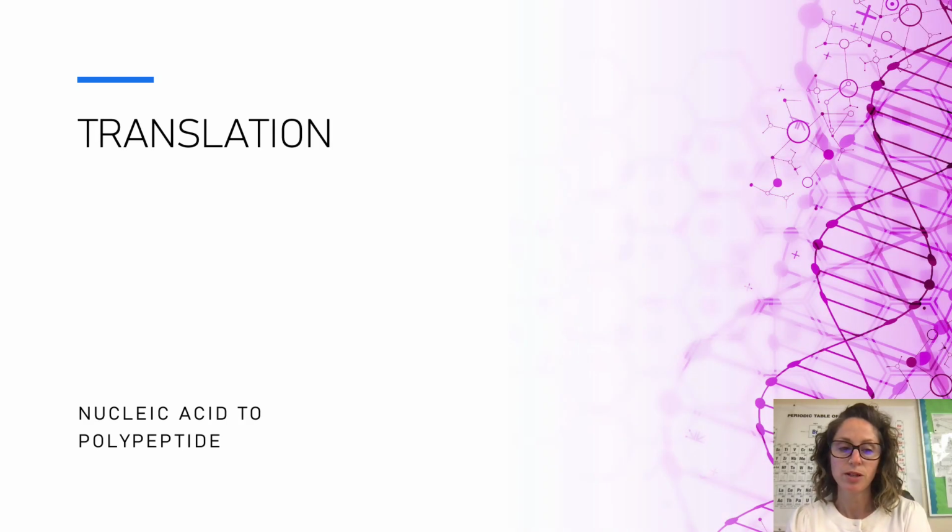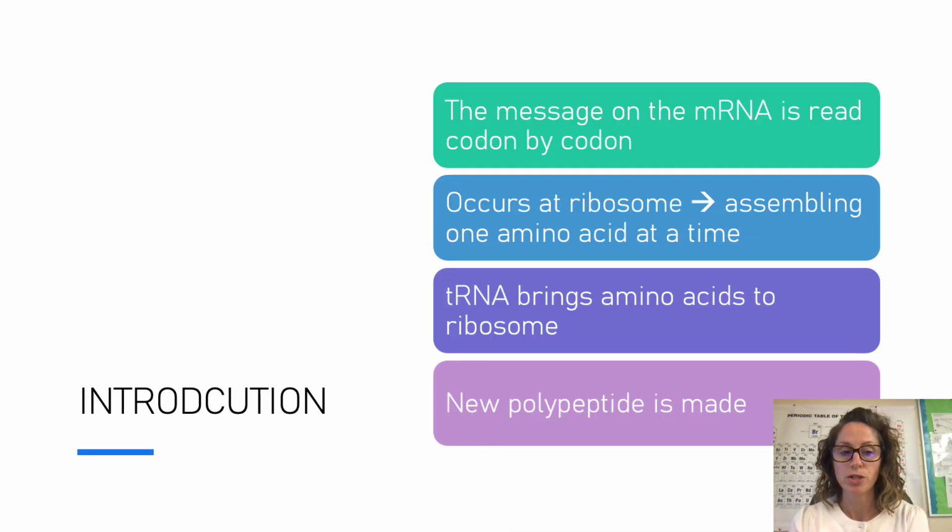In today's lesson, we are going to look at the next stage of going from a gene to a protein, where we go from the mRNA to the polypeptide. So we start with the messenger RNA, which was produced in the nucleus and exits the nucleus through the nuclear pore. And it is read by codon.